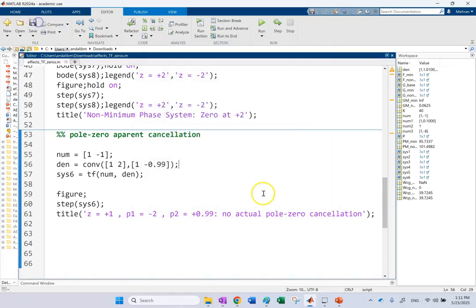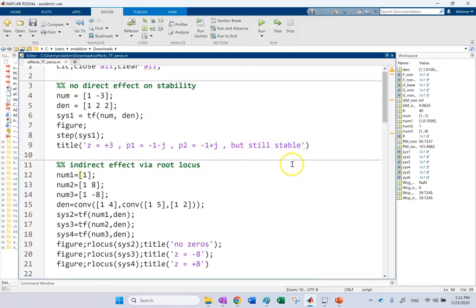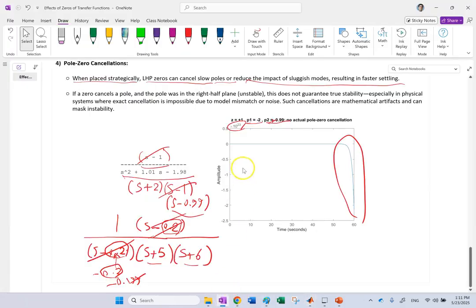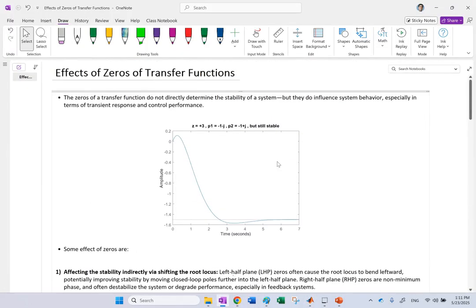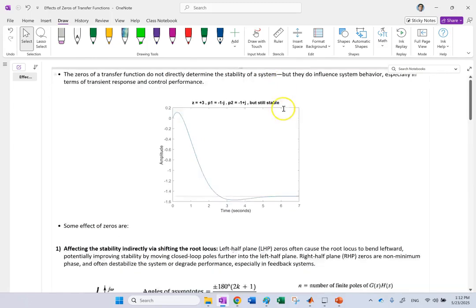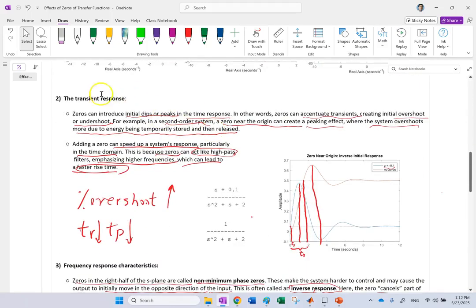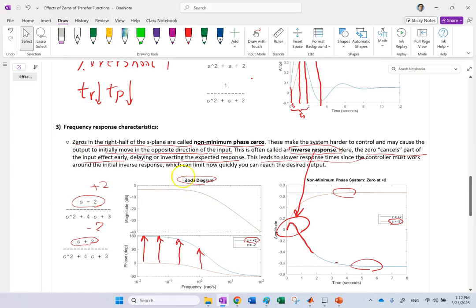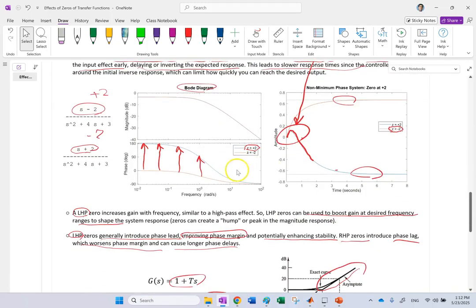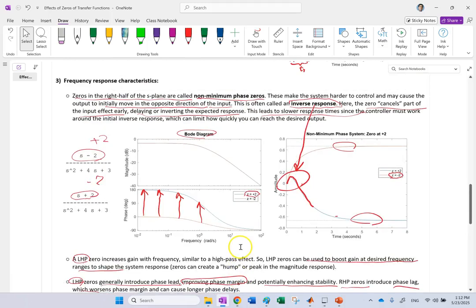Okay, so you can have code like this and figure out the effects of zeros on the response of a system, whether it's an indirect effect on stability, or the transient response, overshoot, rise time, peak time, or the effect on the phase of the system, the phase margin, or the effect on the gain of the system, right?